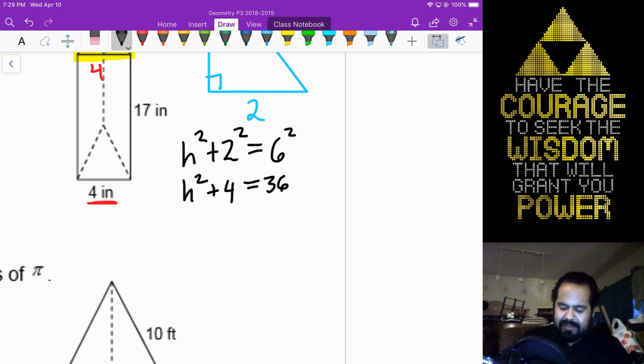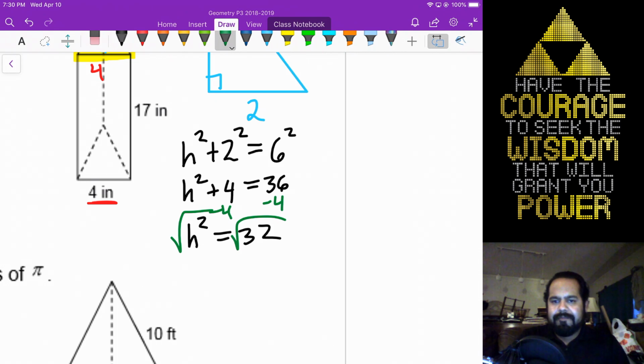Let's get H squared by itself by subtracting 4 from both sides. So now we're going to have 36 minus 4, 32. Got to take the square root of both sides.